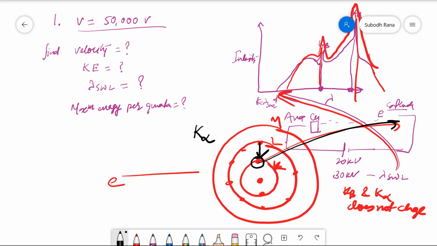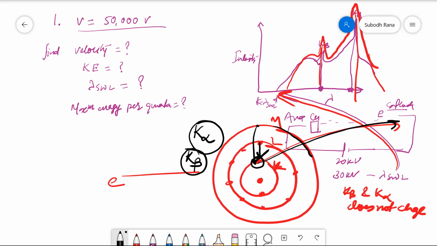If the electron falls from the M shell to the K shell, this is called K beta. Depending upon which orbit the electron is falling from, it is called K alpha or K beta. So mainly K alpha and K beta are observed.